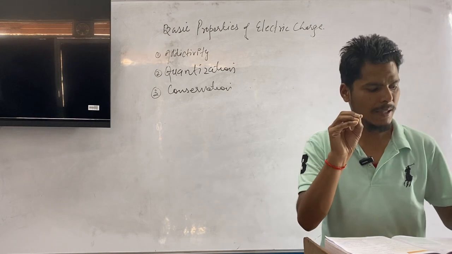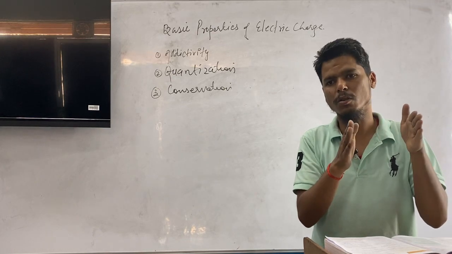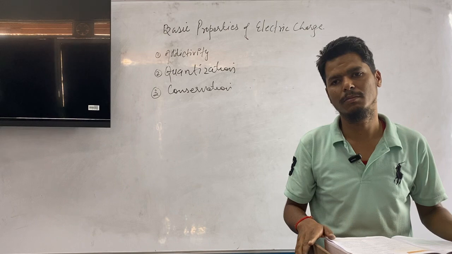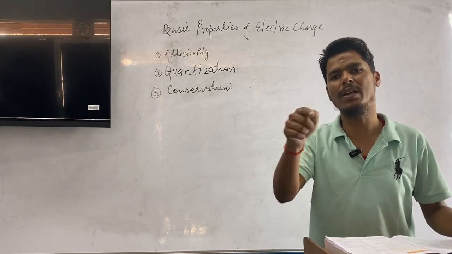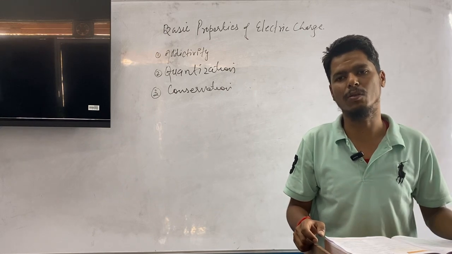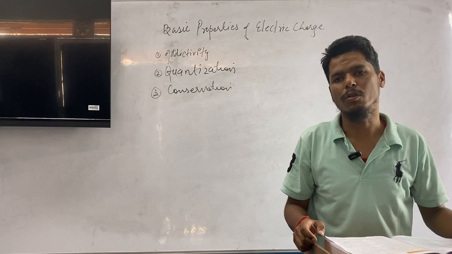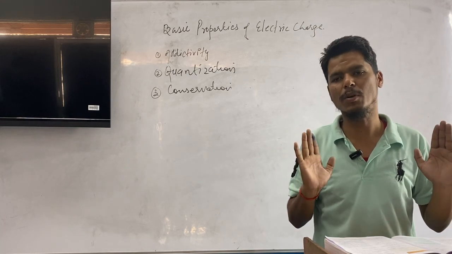So can you imagine, is it possible that a body releases 2.5 electrons, 3.5 electrons, 7.5 electrons, 7/2 electrons? Is this possible? No, this cannot be possible.